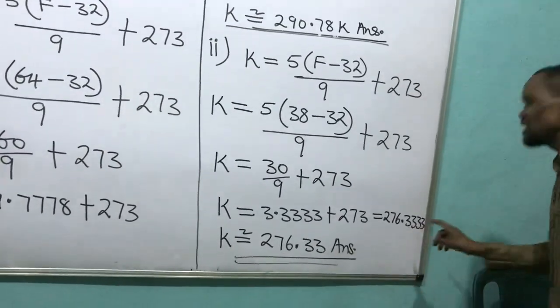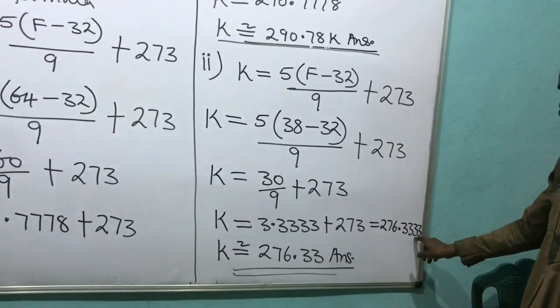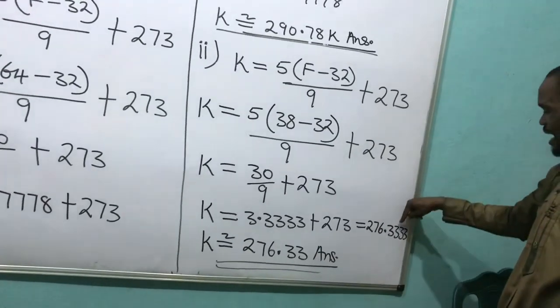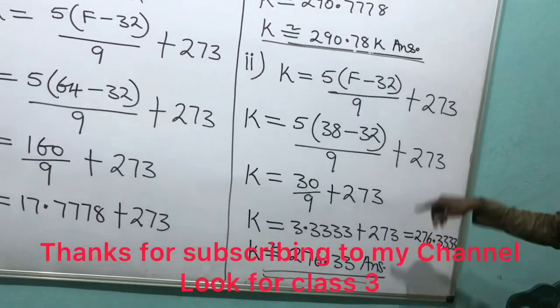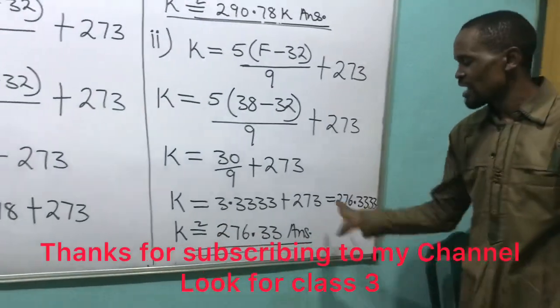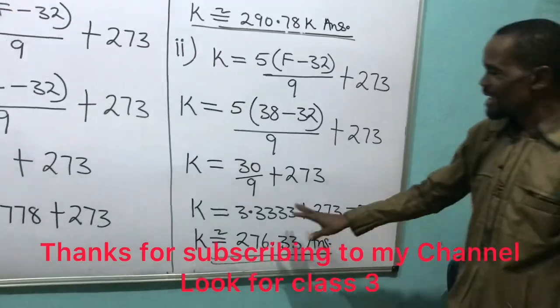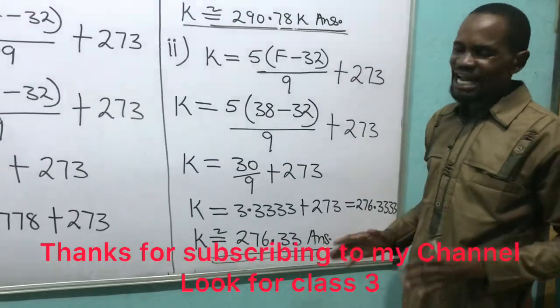But if it is up to 5, I will round it up to 1 and add it to 3, and it will give me 4 here. But because it's not up to 5, I round it down to 0 and I remove it. So that's all about it.